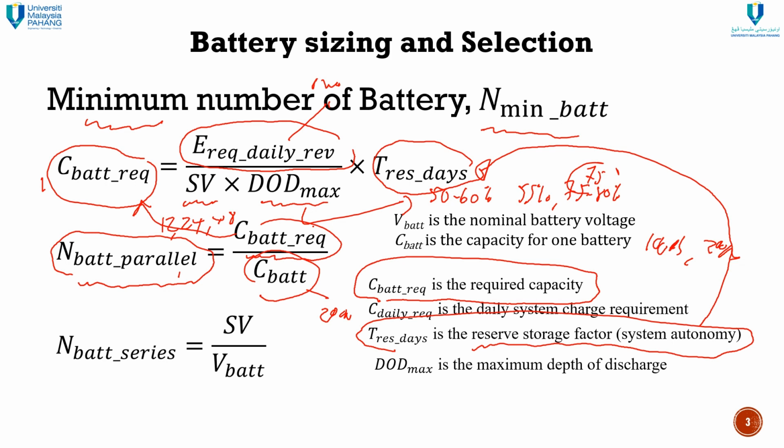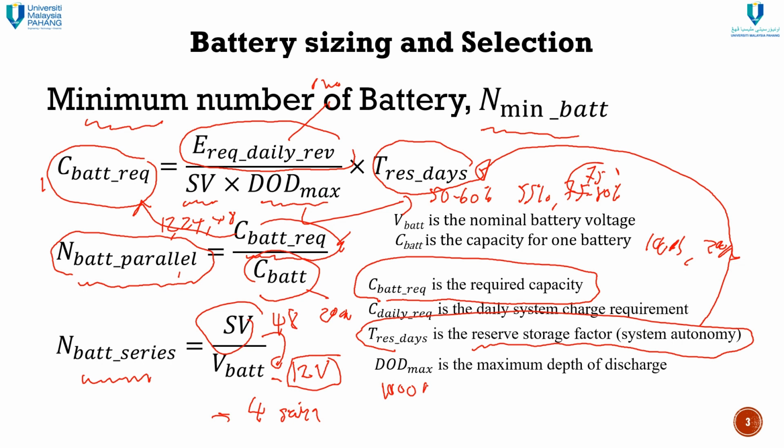And for the series, it's very straightforward. The number of batteries in series is the system voltage over the battery voltage. For lead acid batteries, the typical value is 12 volt. If our system is 48, then the number in series is 4. If this is 1000 Ah and the battery we use is 200 Ah, then we need 5.